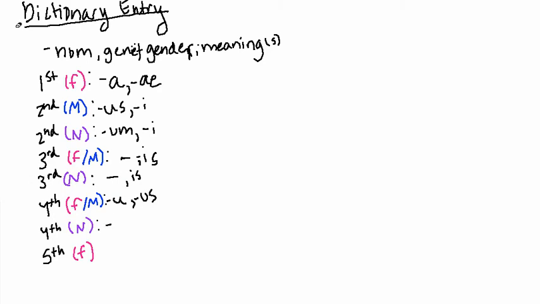The ending is us. And if it is neuter, then it will look like u. And finally, fifth declension, almost always feminine, it will look like es and then ei.